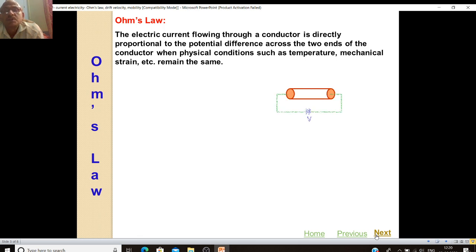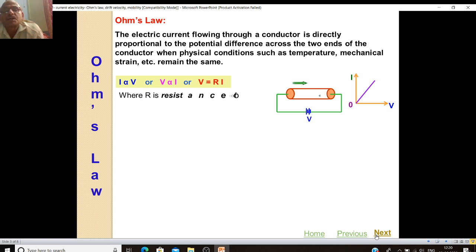So let us take a conductor across which a potential difference V is created by a battery, then electrons start drifting from negative to positive, and the direction of conventional current is from positive end to negative end.